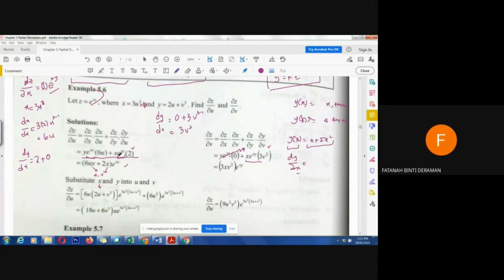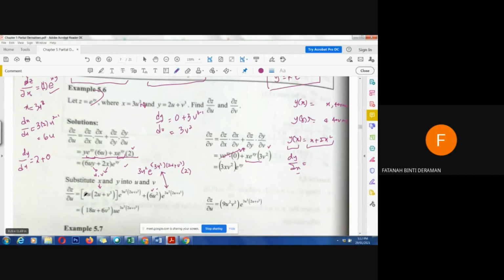So now x is 3u squared, right? And then we have x again, 3u squared, and y is 2u plus v cubed. And then we have 2, so 2 times 3 we get 6, and then u squared, and then we have e, and simplify this. Just arrange them back.